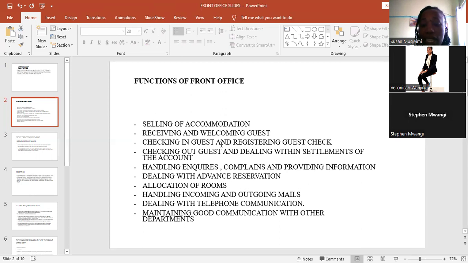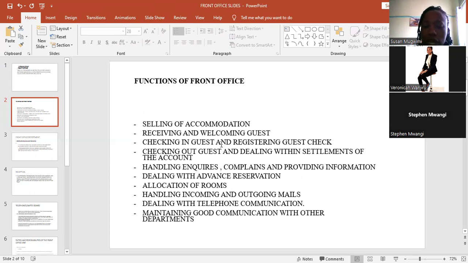Then if there are any complaints from the guests, the receptionist or the front office managers deal with them. If it's in terms of billing, the accountants or even the cashiers are supposed to deal with it. Then we have dealing with advance reservation. That's the work of the reservationists, while allocation of the room is the work of the receptionists.